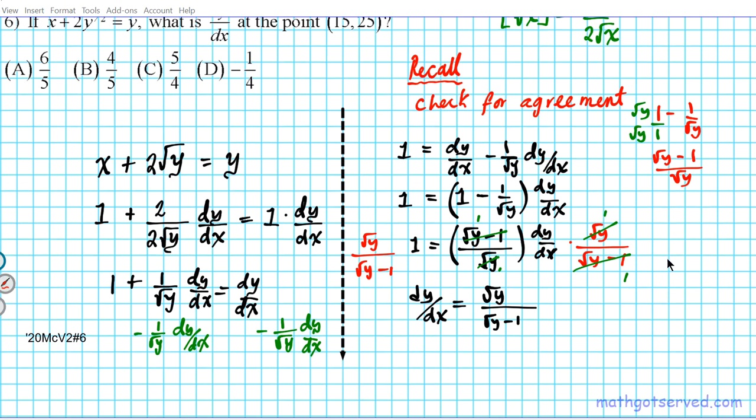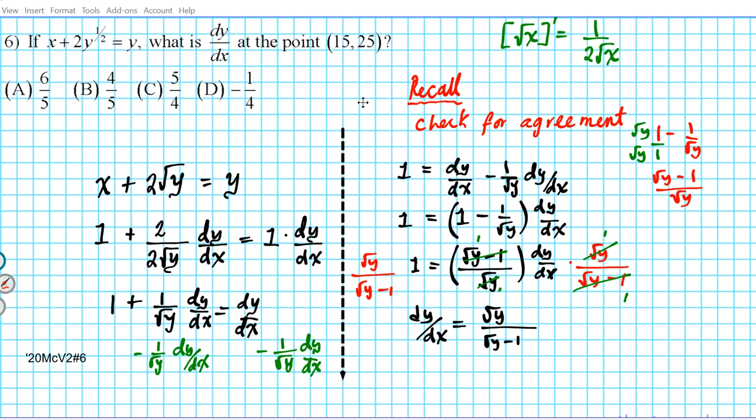Alrighty, so in order to finish this off, we just have to evaluate the derivative at this particular point, (15, 25). So let's do it. So dy/dx, we're going to find the slope, which is dy/dx at a point. The point that we are looking at right here is (15, 25). So notice it's dependent on the y, right?